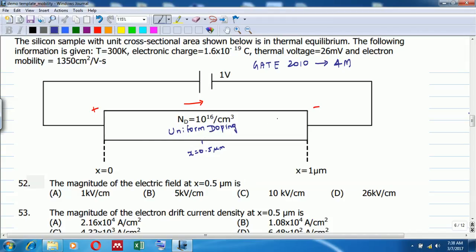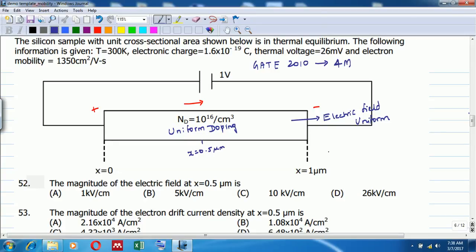When the doping is uniform, you can treat it like a resistor with uniform resistance or conductance throughout the sample. So throughout the sample there will be uniform resistance or conductance, and because of this electric field will be uniform. The electric field is uniform throughout the semiconductor bar.